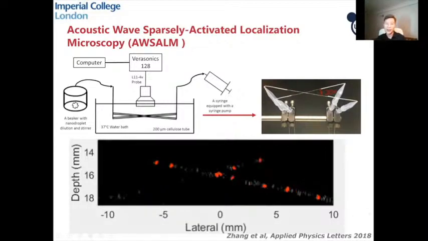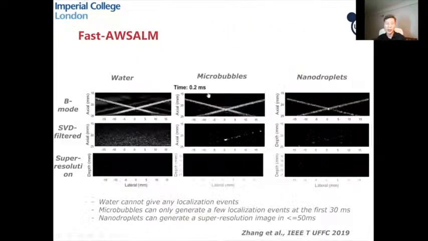Now if I move to the next slide, we developed a fast version of AWESOME by just changing the type of nano droplets, the phase change contrast agent we use. We can now use plane waves to activate and image them at the same time. So I'm going to play you a movie.